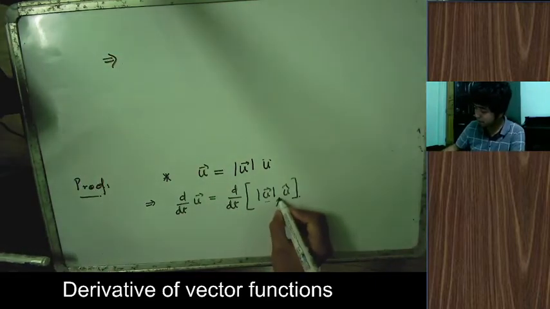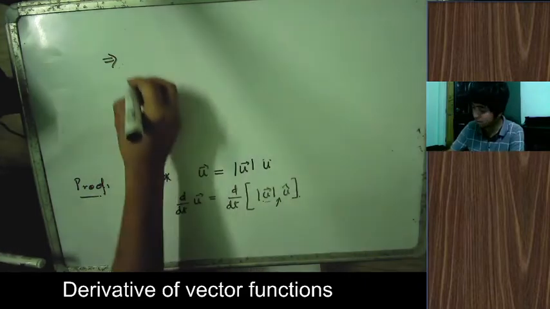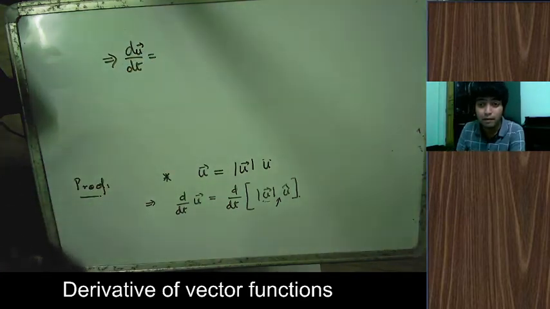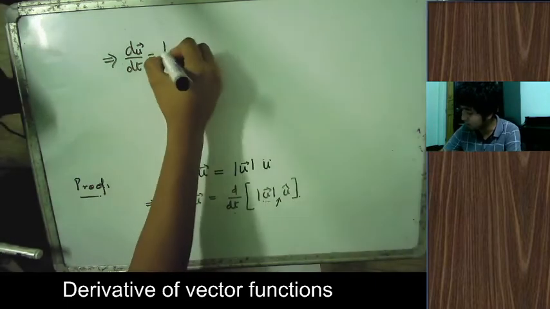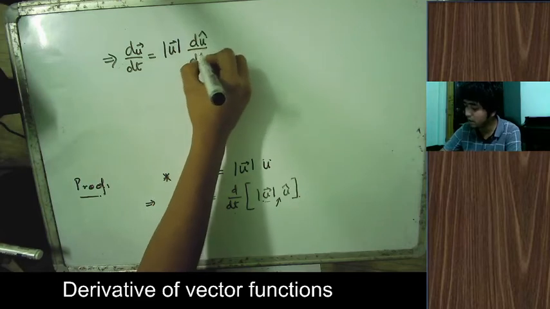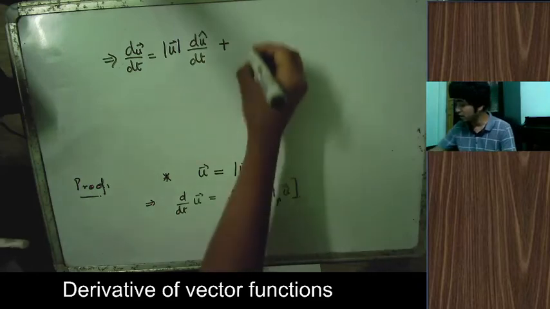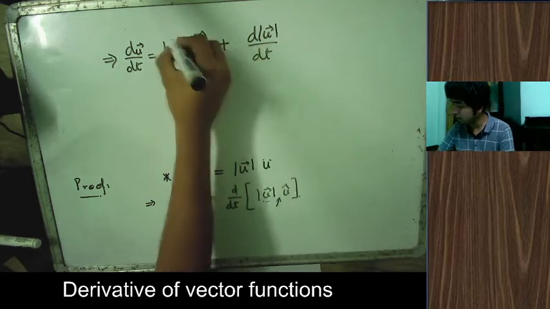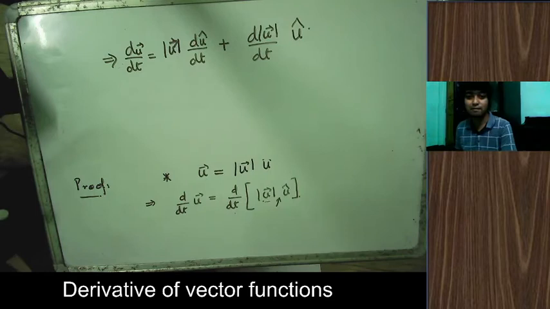Notice that in between we have no cross or dot because it is a scalar and a vector. So the left hand side remains as it is, and on the right you have magnitude u times d u cap dt plus d u dt times u cap, where the second is a derivative of the magnitude, a scalar.